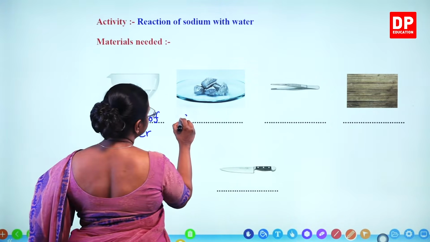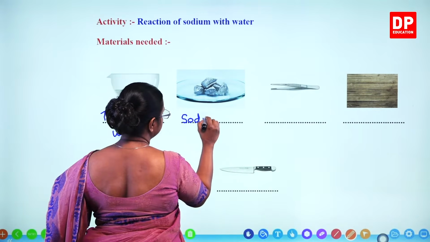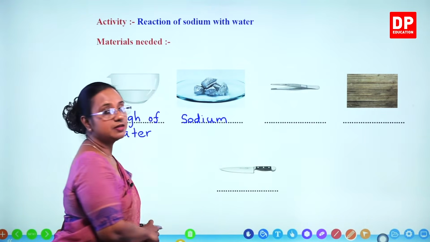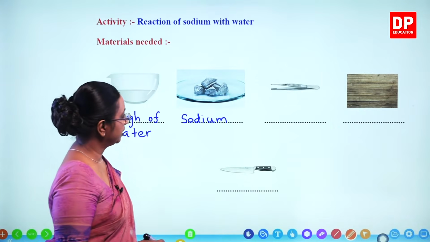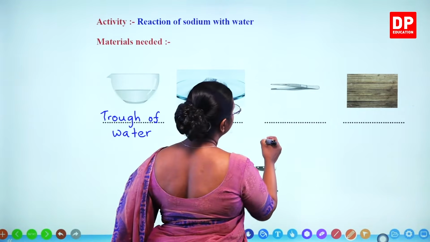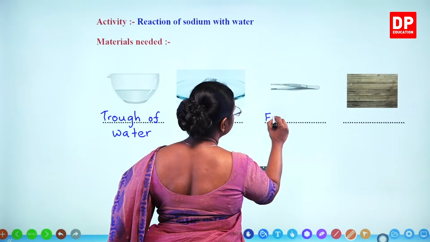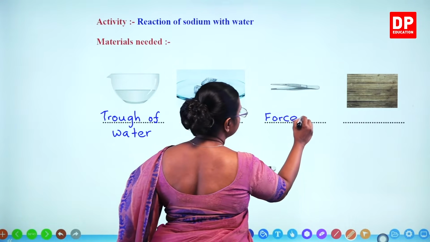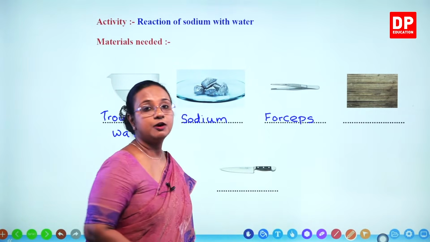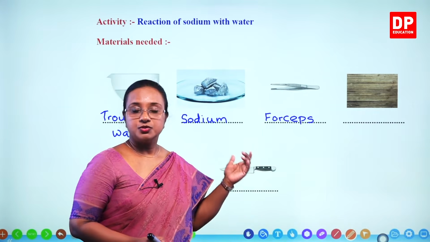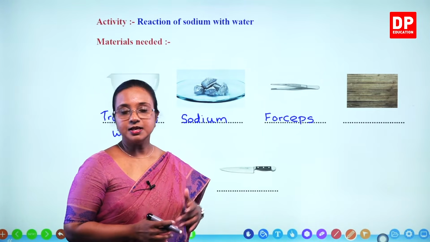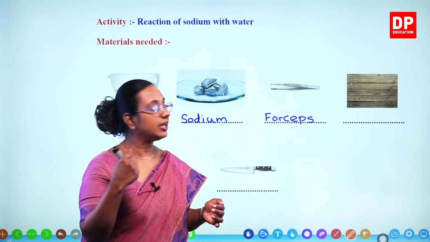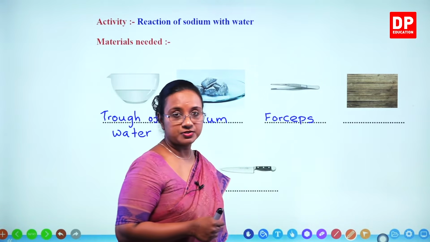We need the sodium metal because we are going to observe the reactivity of sodium. As we did before, to take out the sodium from the bottle, we need forceps. Sodium is stored inside kerosene or paraffin. We have to take it out using forceps.